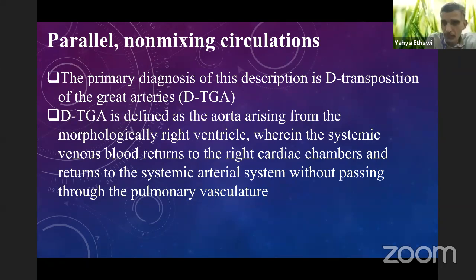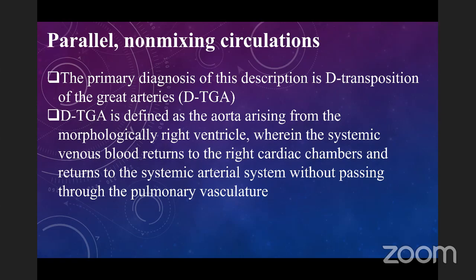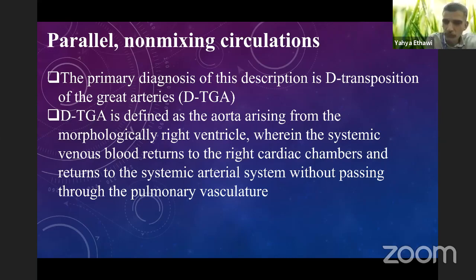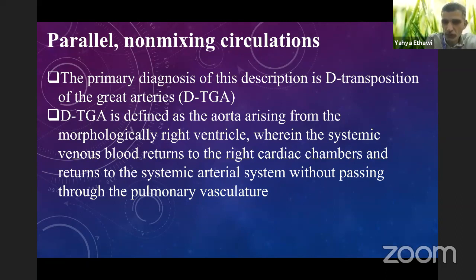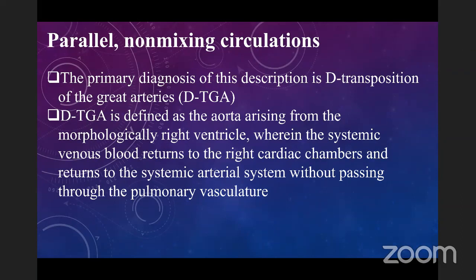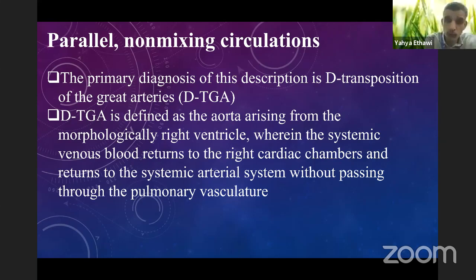It's dextro. When we say L, the right ventricle is on the left. So DTGA means there is a TGA with the right ventricle on the right and the left ventricle on the left, so there is no de-looping. While LTGA means the right ventricle went to the left, because of abnormal de-looping.